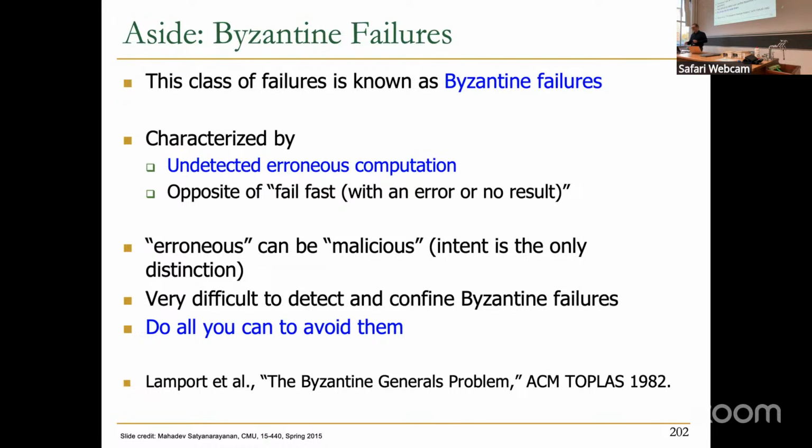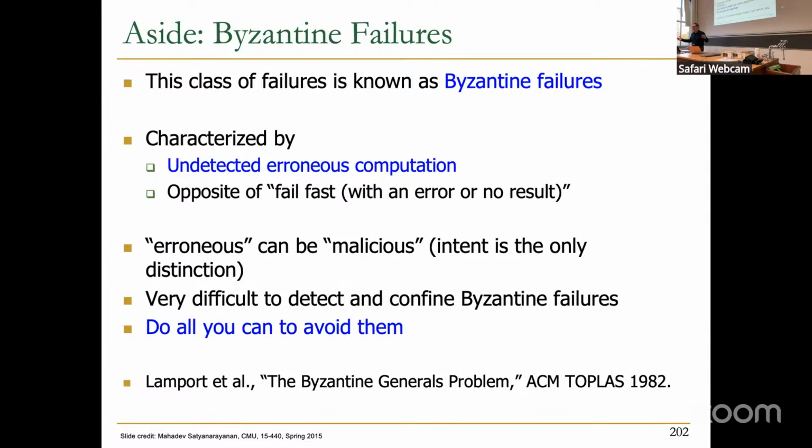But basically, this sort of error that is undetected and happens is also known as a Byzantine failure, meaning a failure happens and you don't know that it happened. Right? You get a bit flip. Silent data corruption is another example of this, right? Essentially, RowHammer can cause silent data corruption. This is the opposite of fail fast.